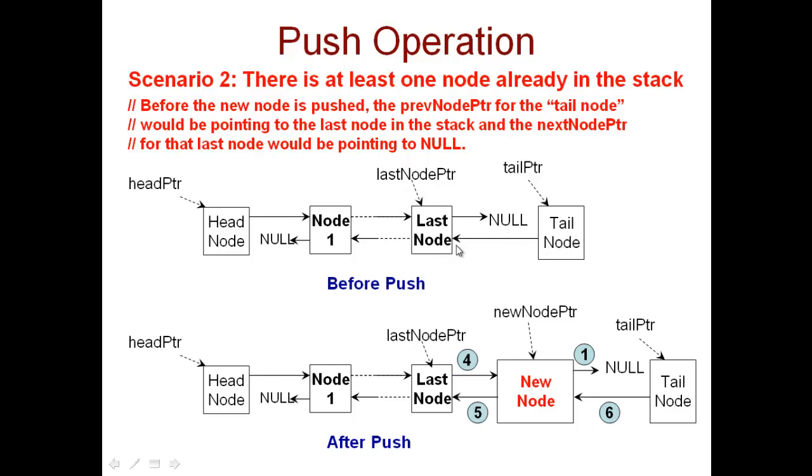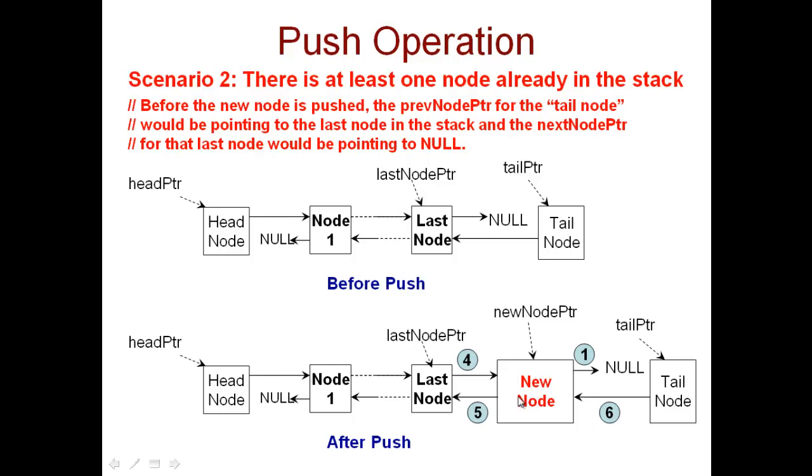So the tail node's previous node pointer is the last node, and the address of this last node is stored in the last node pointer. The last node's next node pointer is currently null, because this is the last data node in the forward direction as you traverse from the head node. So now we have to set the last node's next node pointer to be the value of the new node pointer, because the new node is the last node in the forward direction.